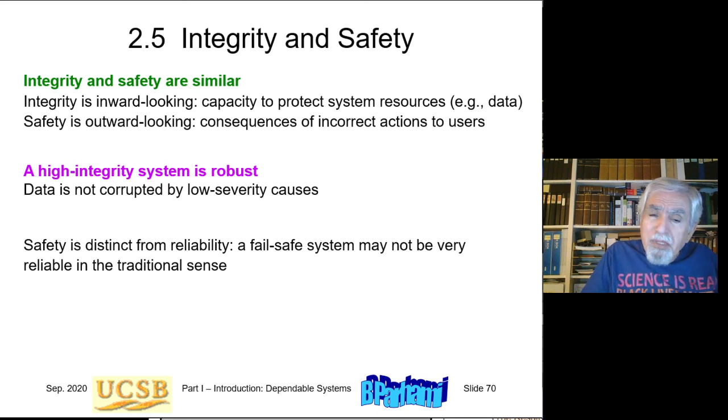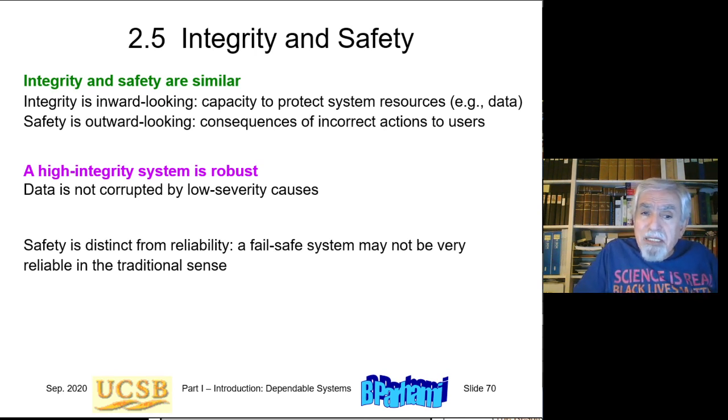A high integrity system we call robust because data is not corrupted by low severity causes. Something really must go wrong for data to be corrupted. So it has built-in capabilities for protecting the data so that if something goes wrong and it's not a severe problem, data is not corrupt. Data survives.